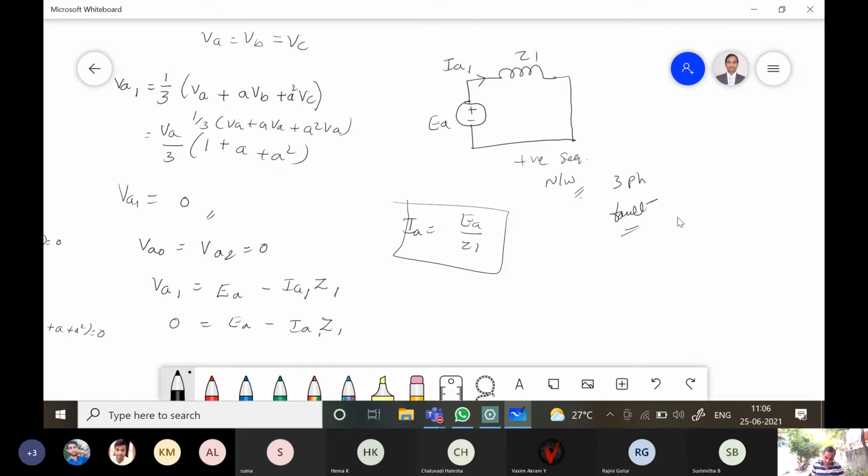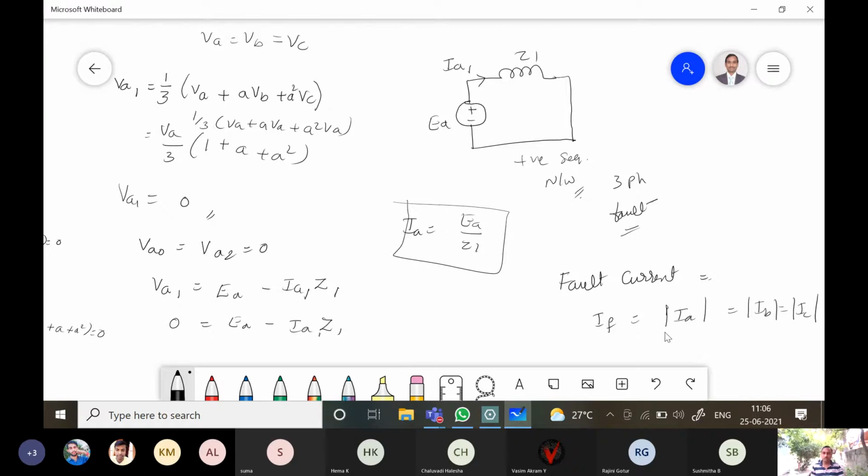Okay, so this is the interconnection of sequence networks. We need to find the fault current here. So fault current IF is equal to magnitude of IA, which is also equal to magnitude of IB and magnitude of IC.